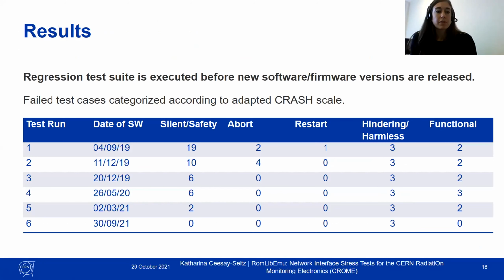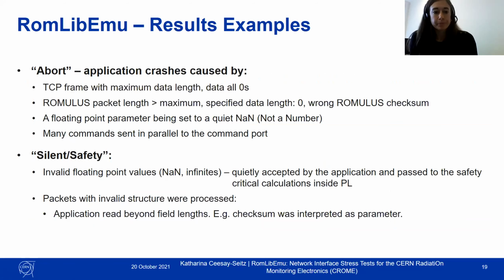We have used this test tool since 2019 to run regression tests whenever we have a new software version. And we can see here that we found 20 safety bugs. We had 4 cases where the application crashed and 1 where it had to be restarted. And with each new version, they have been solved.